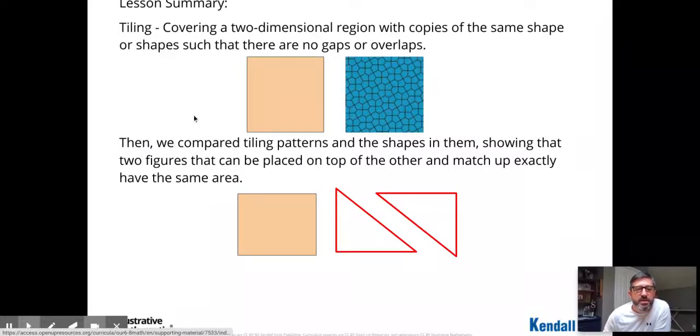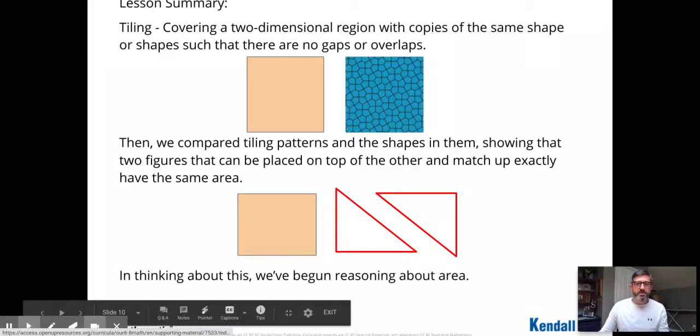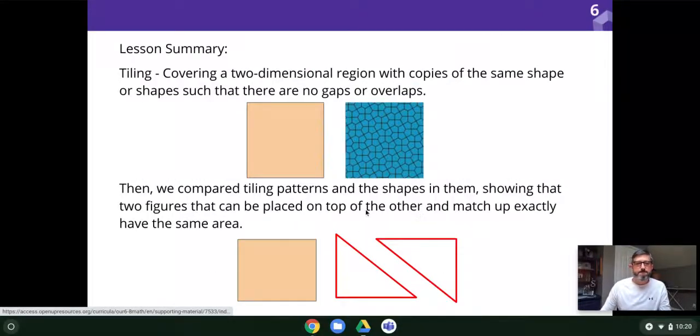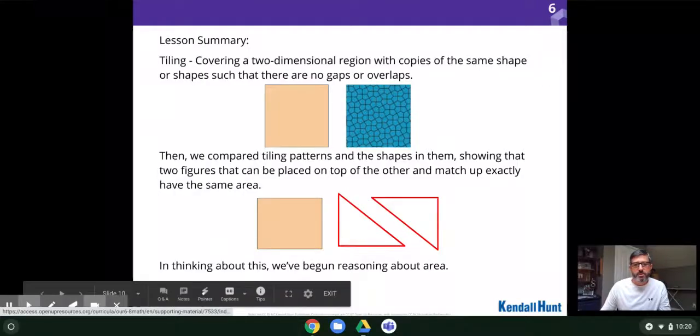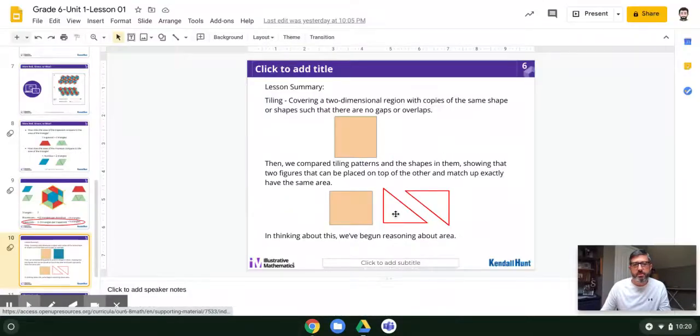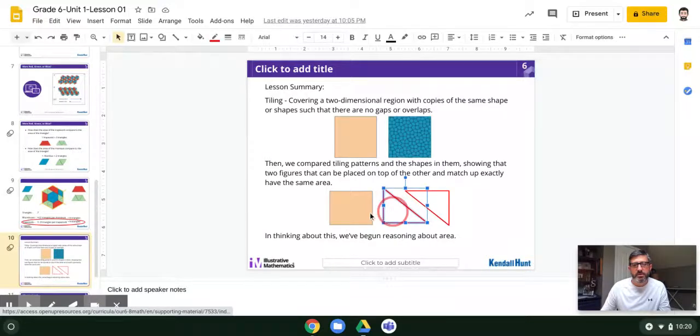Okay. And then we looked at that pattern and we compared how we could take different shapes, and I'll show you this here. Then we showed how we could move a shape and compose another shape, and they would have the same area.